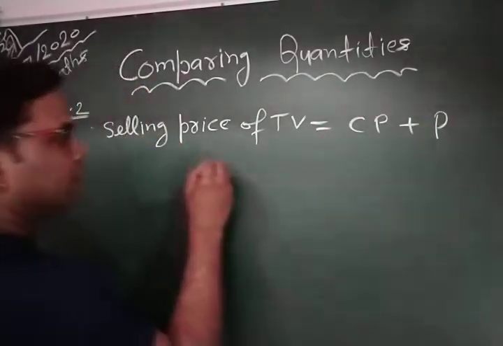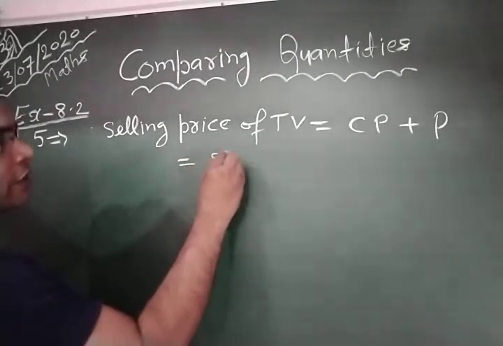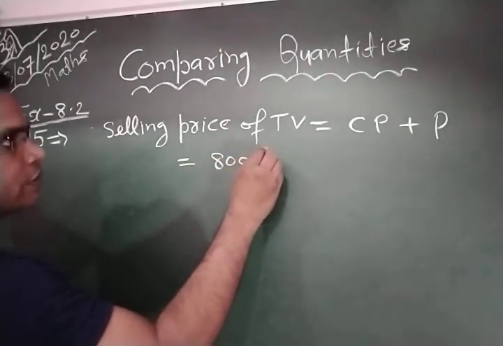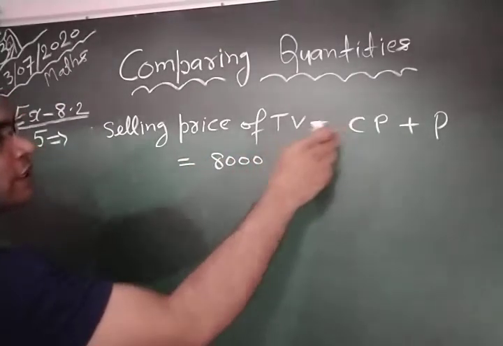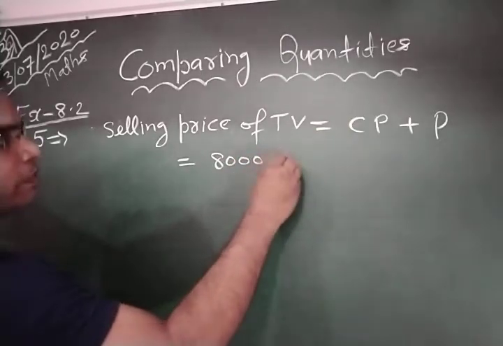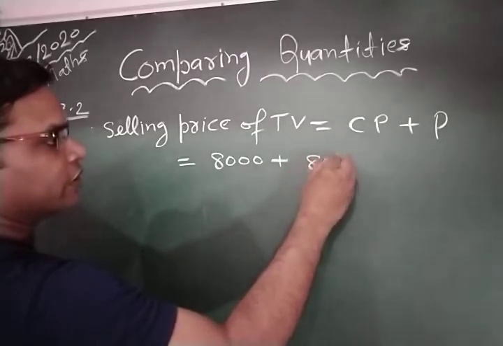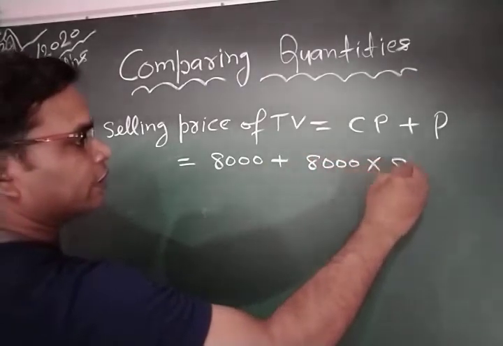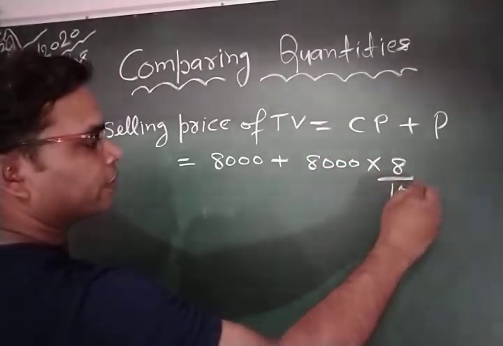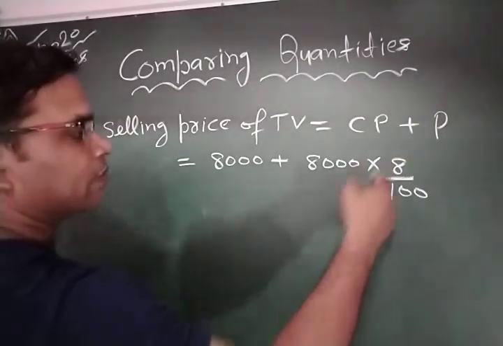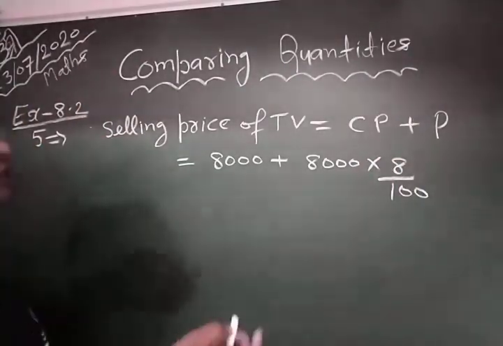The selling price is 8,000 rupees cost price plus 8% profit, so 8,000 into 8 by 100. This is the given 8% profit on the TV.